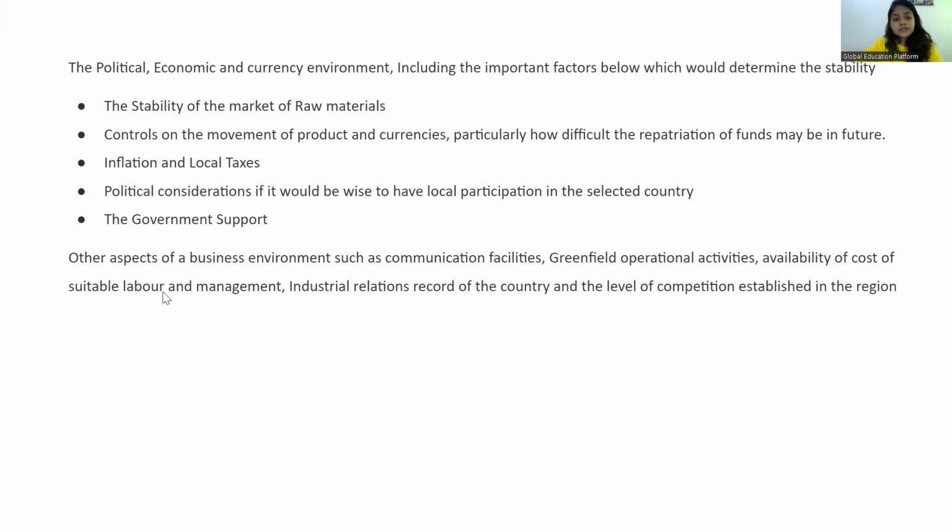Other aspects of the business environment, such as communication facilities, greenfield operational activities, availability and costs of suitable labor and management, the industrial relations record of the country, and the level of competition established in the region. So these are also elements that will be looked at when you are making an investment decision internationally.